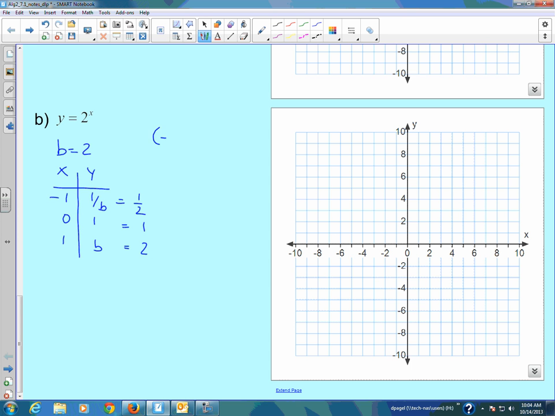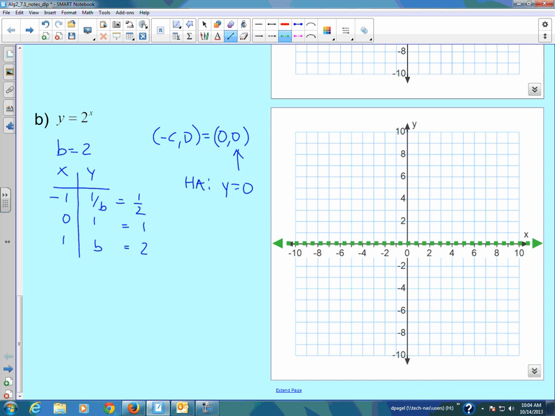And again, opposite of c, d is our start point, and there is no c and d value. So our horizontal asymptote one more time is y equals 0. We'll put our asymptote in there right on that horizontal line.